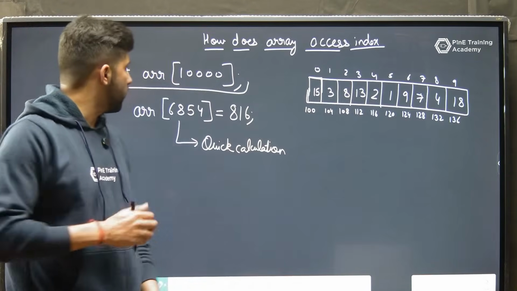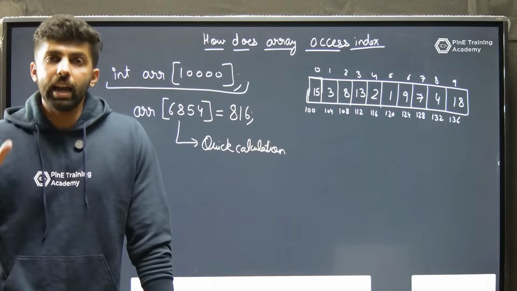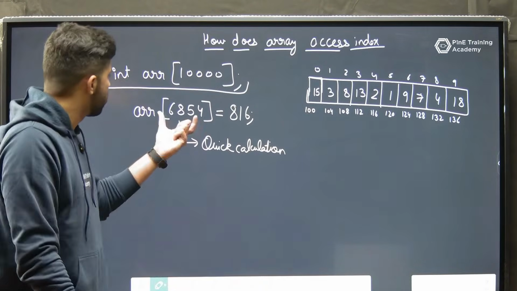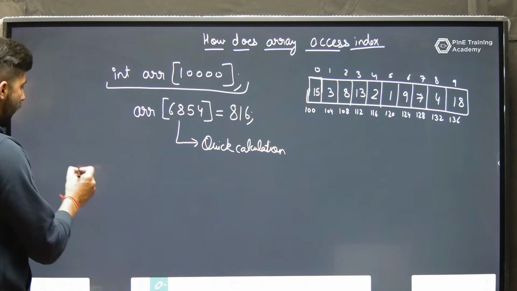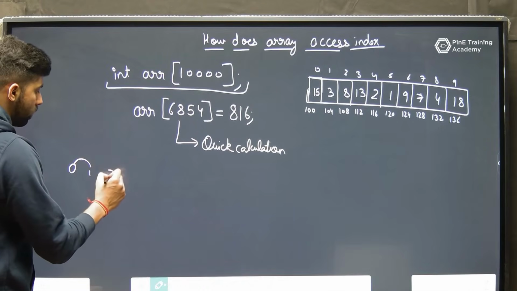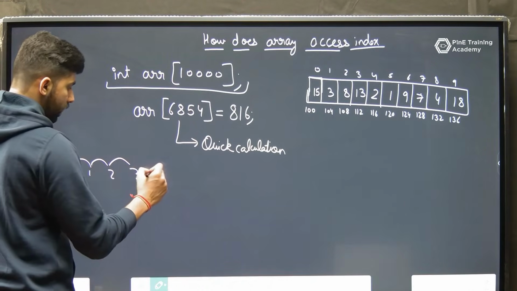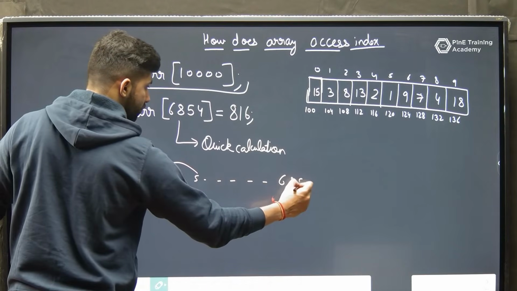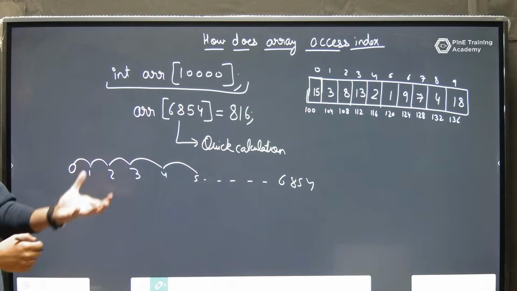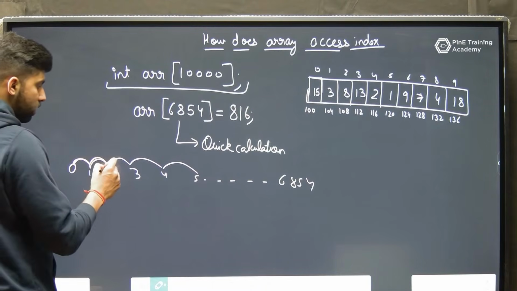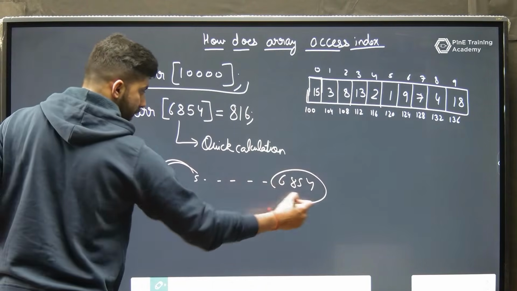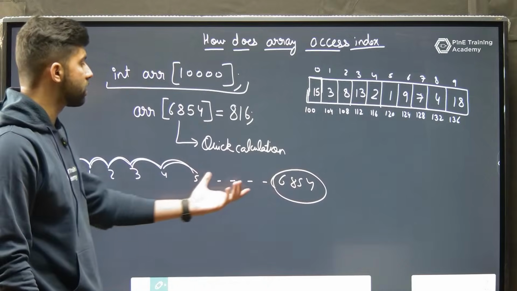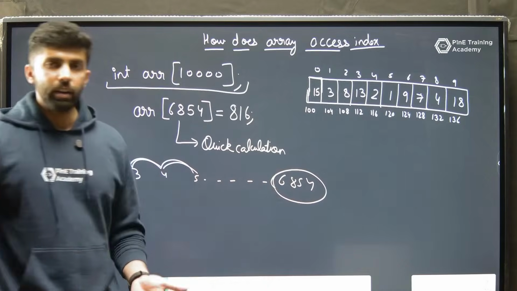Do you think the array actually travels till this index? Does the array go one by one, 0 to 1, 1 to 2, 2 to 3, 3 to 4, 4 to 5, till 6854? Do you think it will jump from index to index, and when it reaches this particular index, it will assign the value?